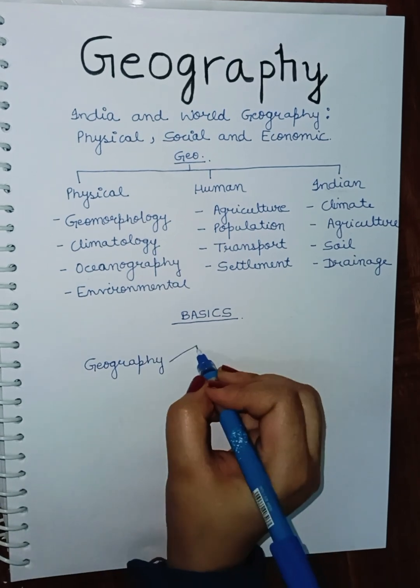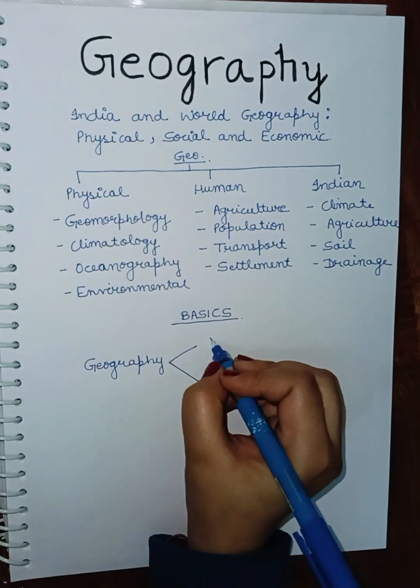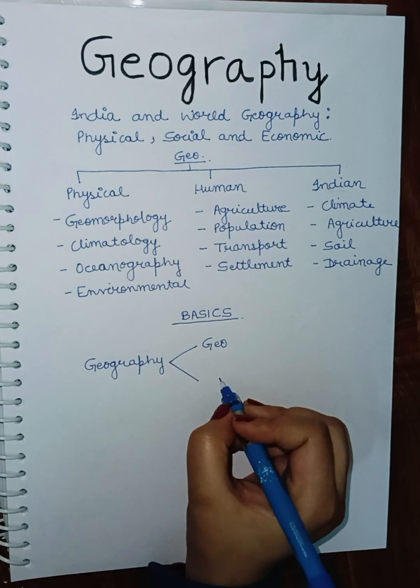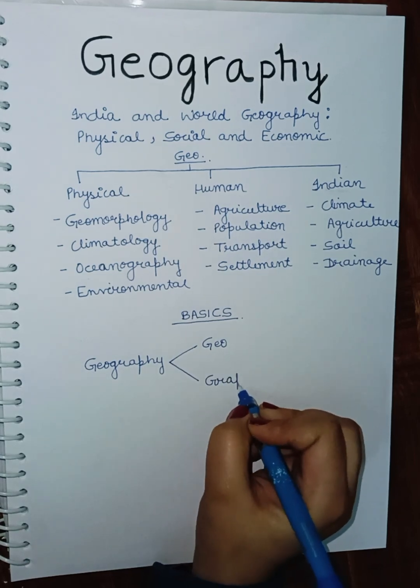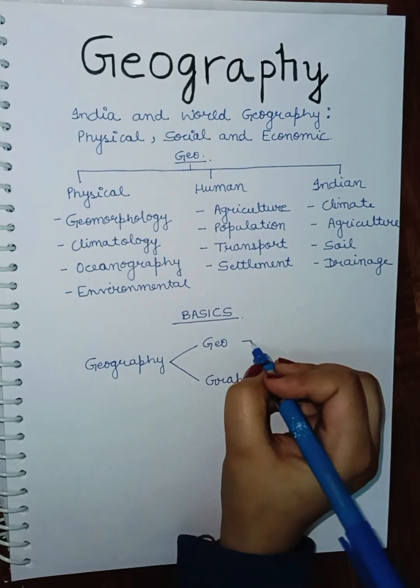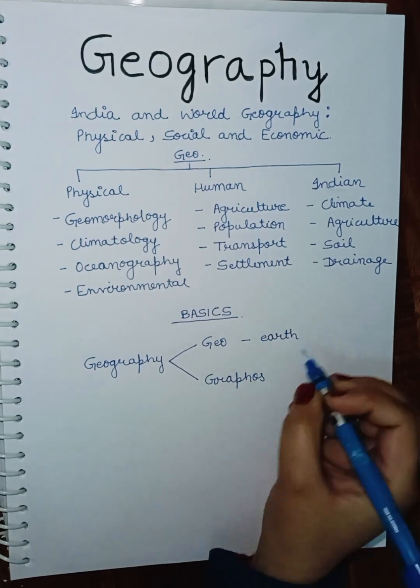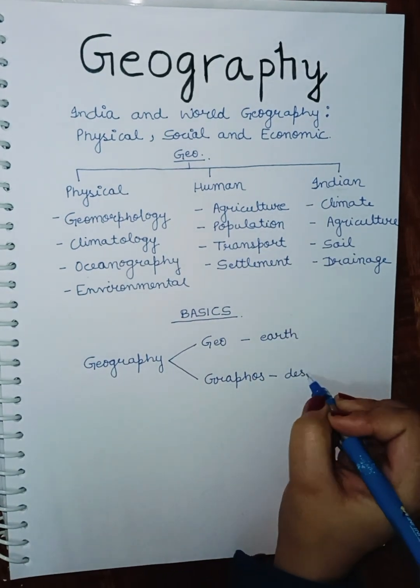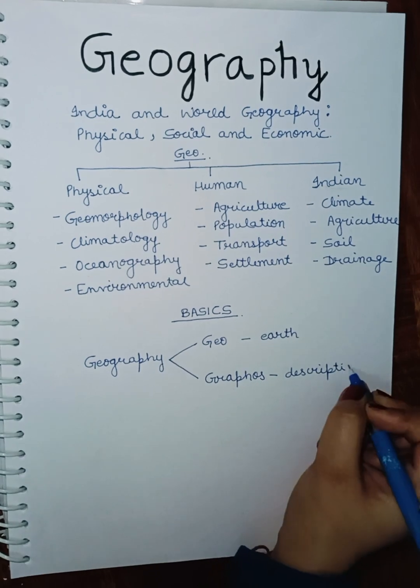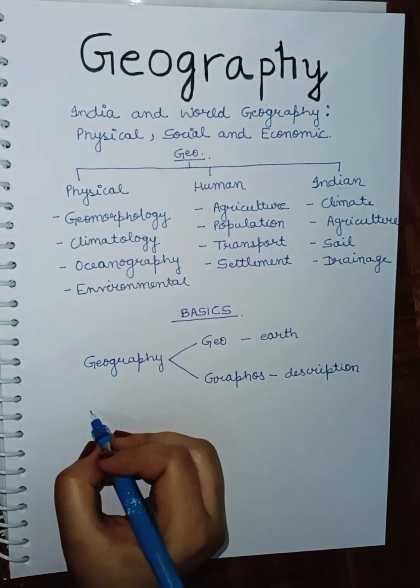So geography is made up of two terms, that is geo and graphos. These two are Greek terms. Geo means earth and graphos means description. So the description of the earth is called geography.